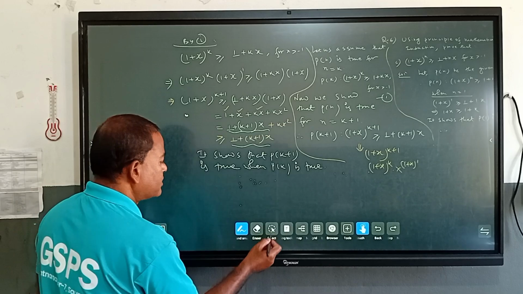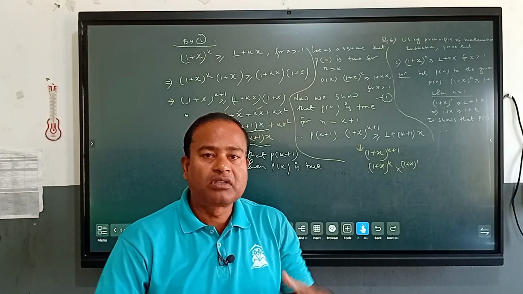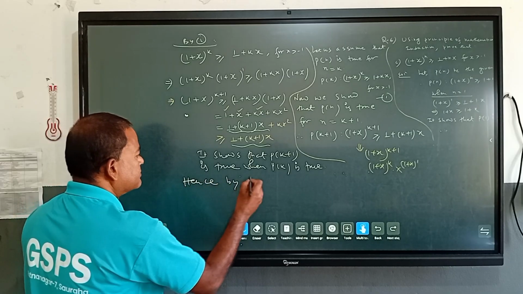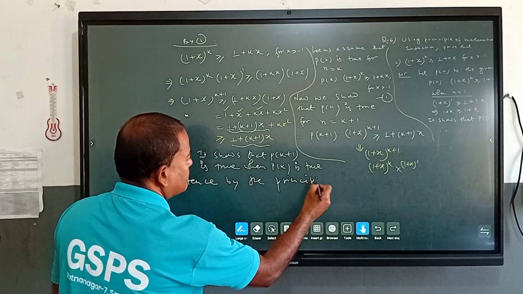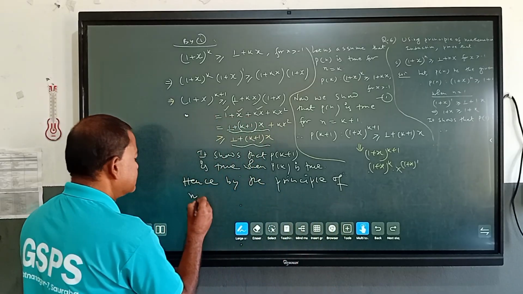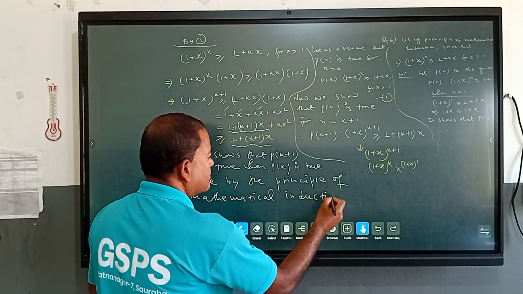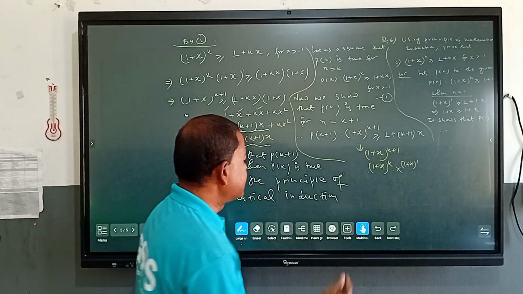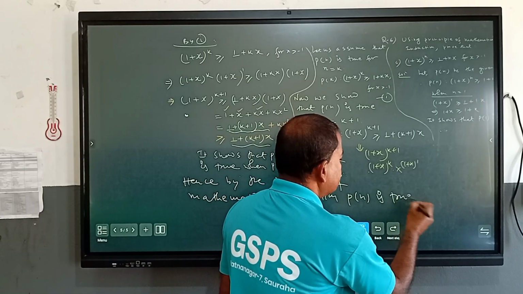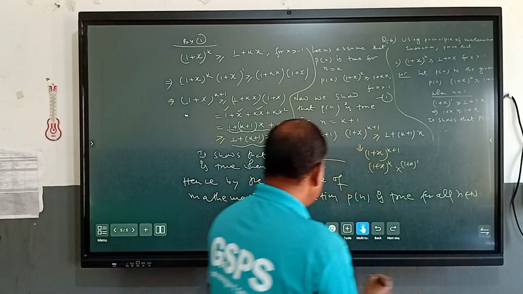So dear students, now according to the principle of mathematical induction, we can say that the given statement is true for all the natural numbers n belonging to N. Hence, by the principle of mathematical induction, P(n) is true for all the natural numbers n. N belongs to N.